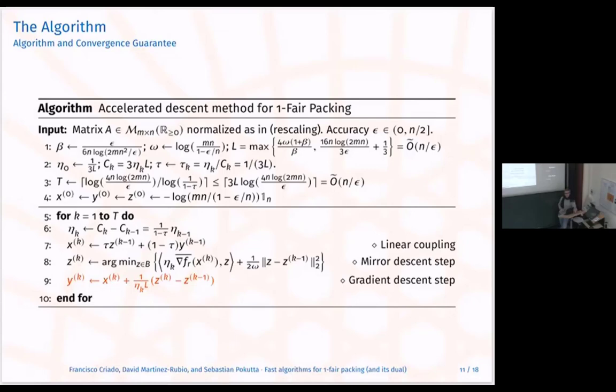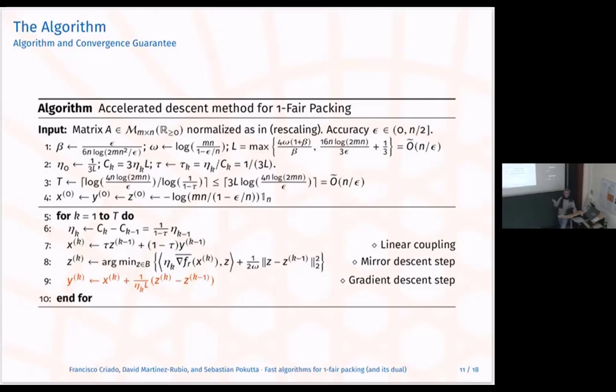The reason for this is that in reality, you don't see this here, but the yk's are convex combinations of zk's only. And the zk's were feasible because you project, so they have nothing to worry about. And the xk's, your attachment points, are feasible anyway because they're convex combinations of the primal and the dual solution. So that's basically what the algorithm does. You do a mirror descent step with a truncated gradient.